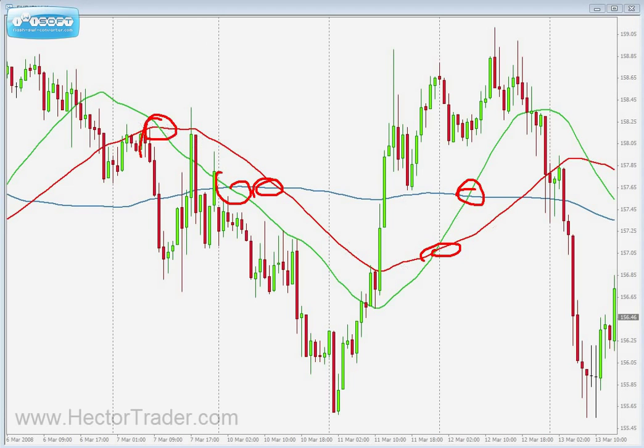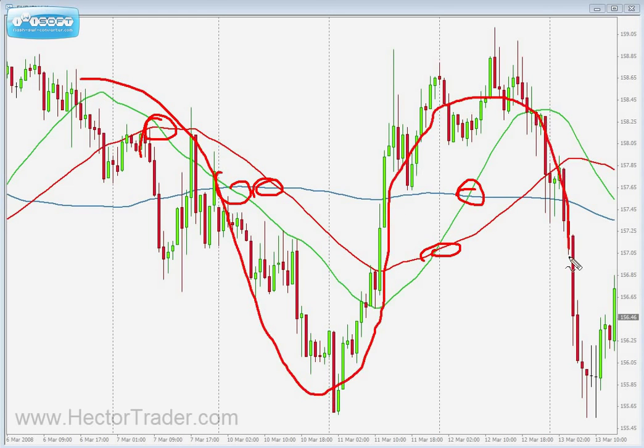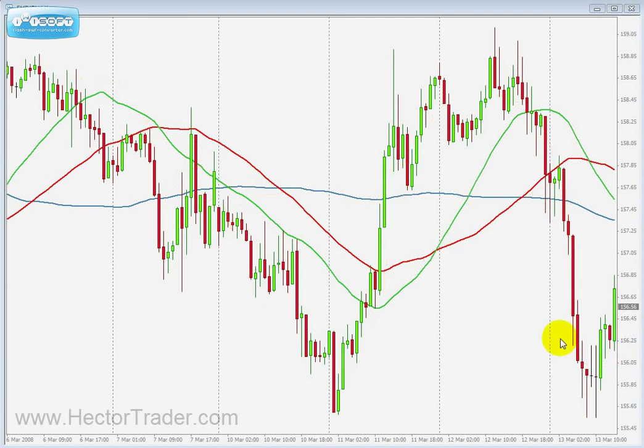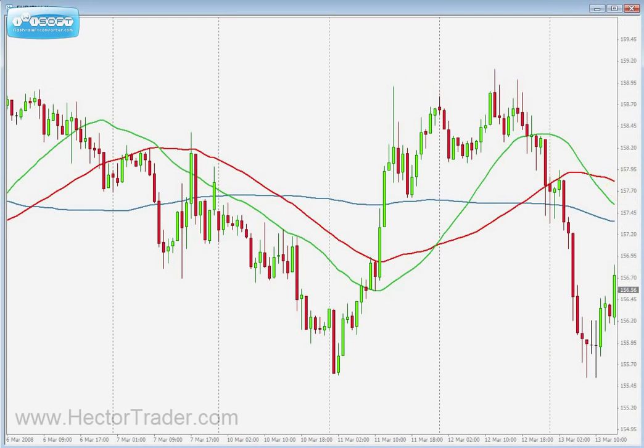Price is not respecting the dynamic area of support and resistance at all. In fact, price is breaching above and below, breaking the 100 moving average a number of times throughout the chart, etc. Whenever you see this type of price action, what you usually have is a ranging market condition.